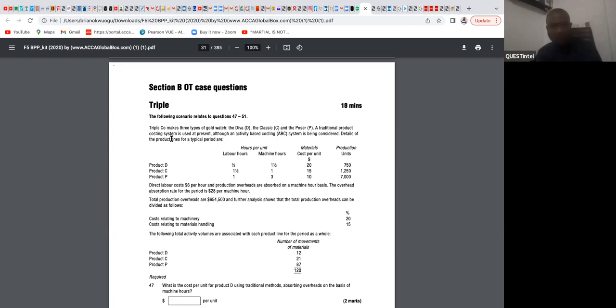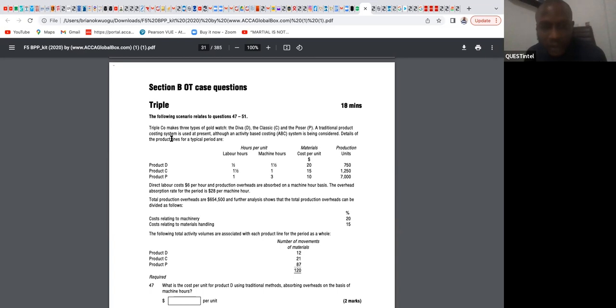The question says, Triple Co makes 3 types of gold watch: the Diva, the Classic, and the Poser. A traditional product costing system is used at present. So when they say traditional product costing system, they're talking absorption costing. Like we said, our 2 traditional costing techniques are absorption costing and marginal costing.